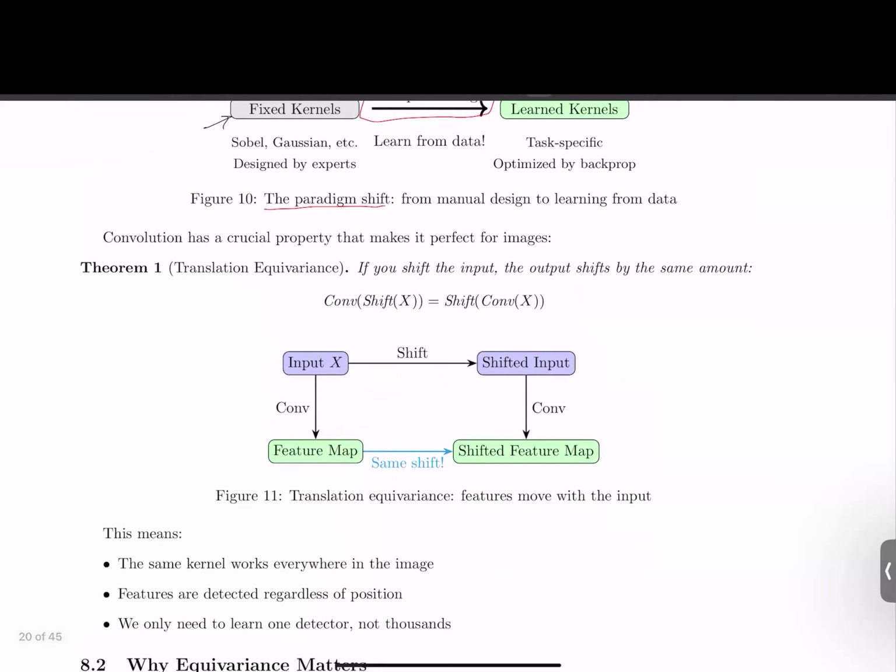Cross-correlation, or this sweeping function that learns features in each patch of the window, has a nice property called translation equivariance. If you shift the input, for example, if you have an image of a cat and you move it somewhere else in the image, it's the same thing, and we want the neural network to not use extra learning capacity for that. In other words, the same neural network that learns this kernel works here and here.